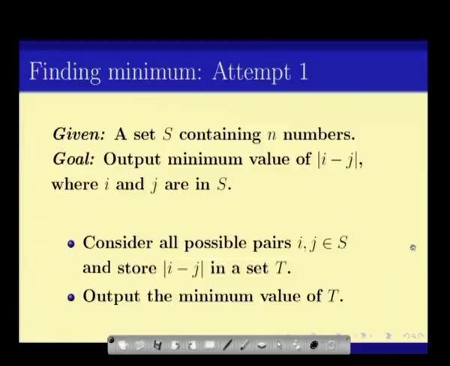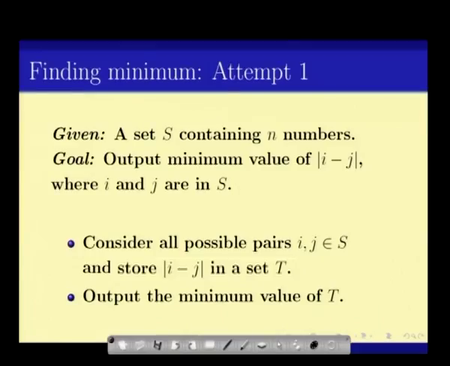One thing we can do is consider all pairs i and j in S. For all pairs i and j in S, I will store the value of i minus j in a set T, and finally, we will output the minimum value in T. This algorithm is obviously correct, because we are going over all possible pairs, noting down the difference between i and j for each pair, and then outputting the minimum among all of them.